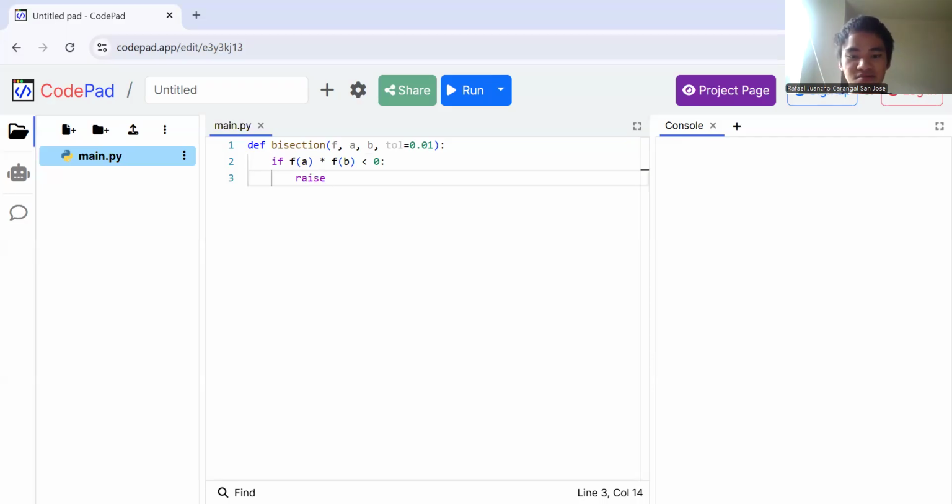Or actually, oh my bad, if it's greater than 0, then there is no interval, right? I'm going to raise a value error here: there is no root in the interval, because it has to have differing signs.